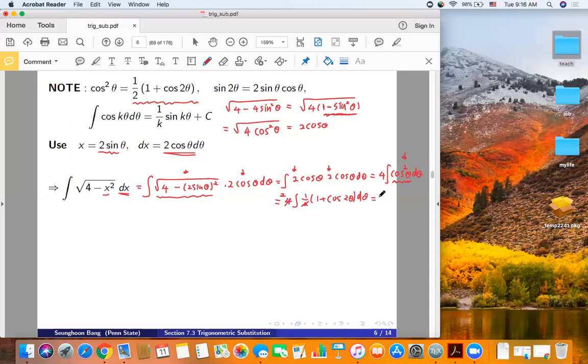So we have 2 times the integral of (1 plus cosine 2 theta) d theta, like this.